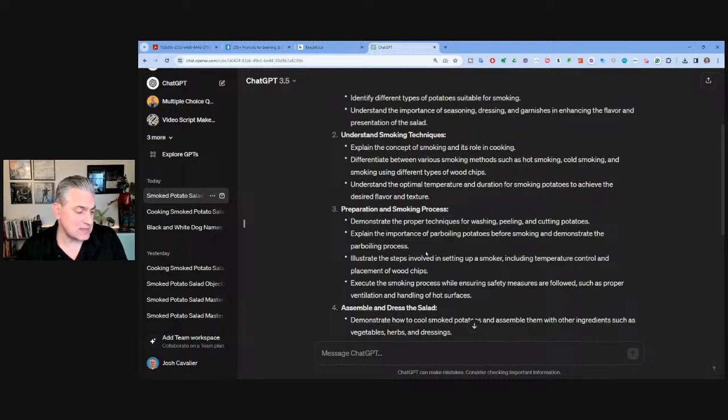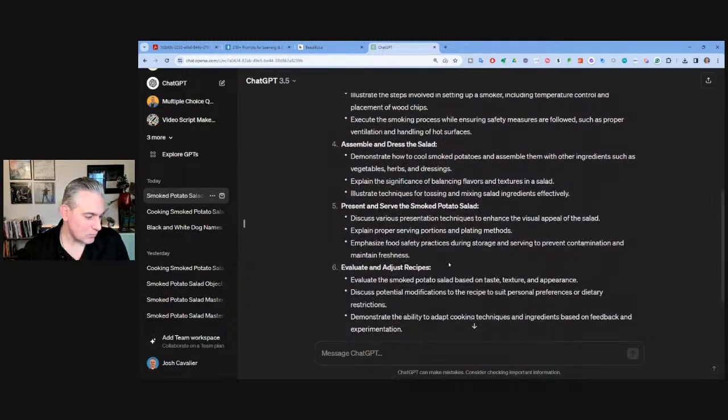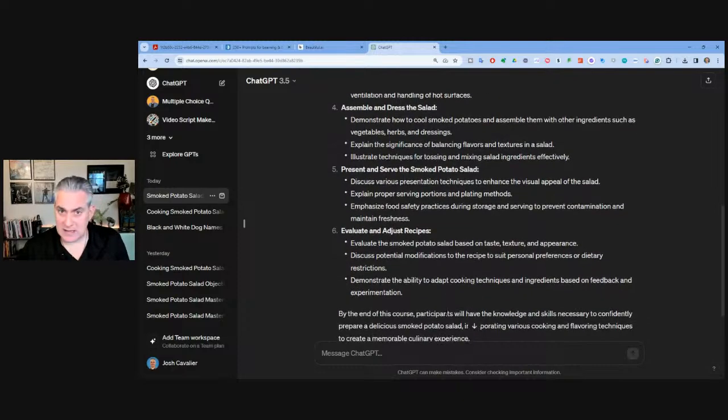I can see that it's getting the steps of how to smoke potatoes and things like that in here. But again, what am I measuring in here? And none of these are based upon time, right? So we're going to continue adding on and seeing the progress of these learning objectives.